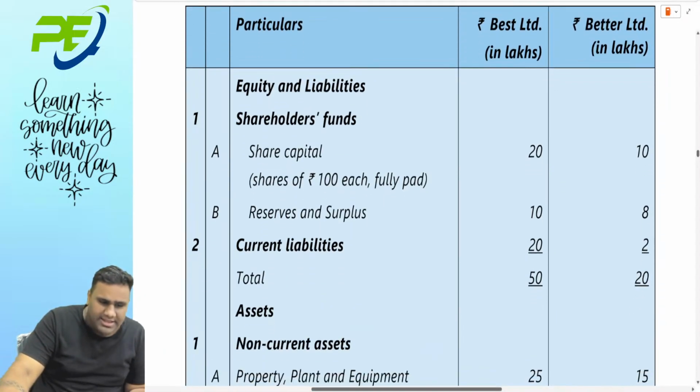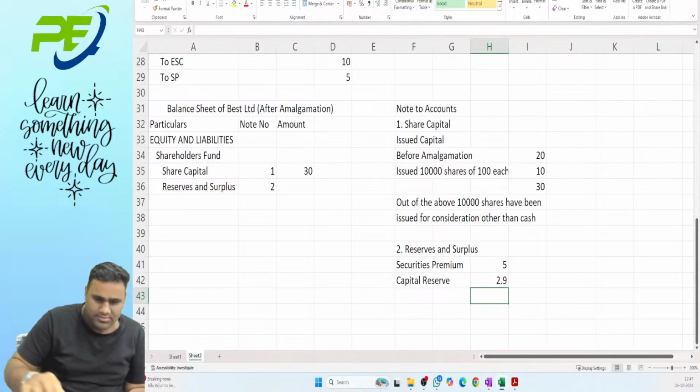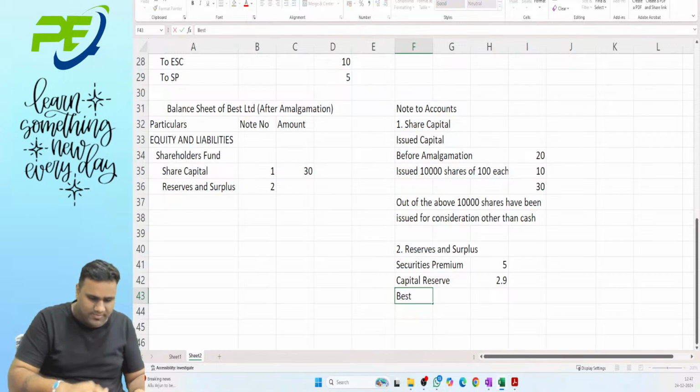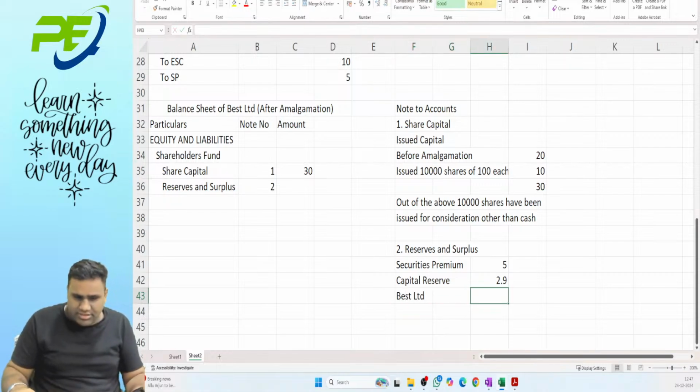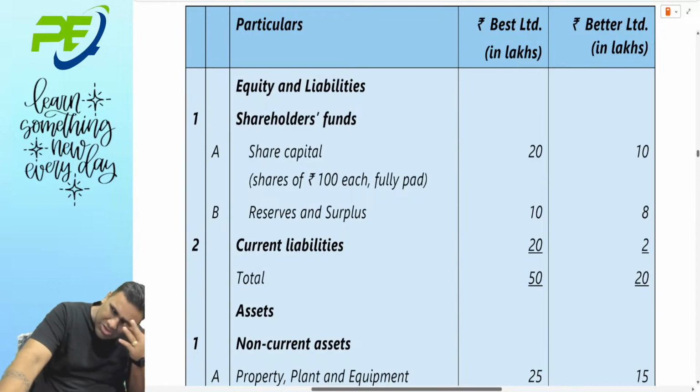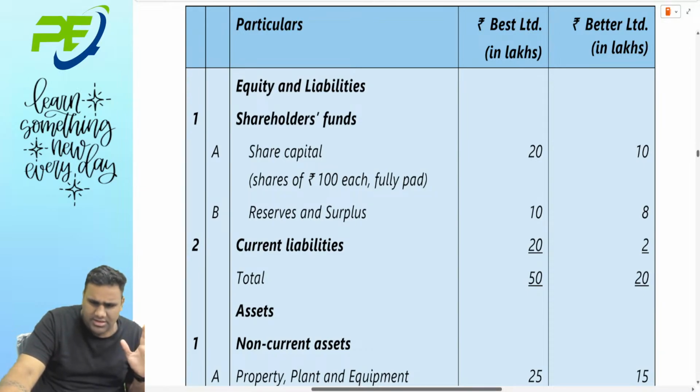Now going to the balance sheet. Here they have some 10. So reserve of Best Limited, it was 10. Now, should I write this 2? Not 2, sorry, 10.